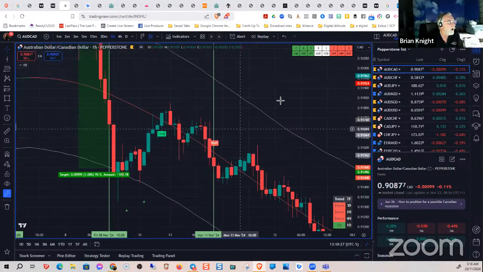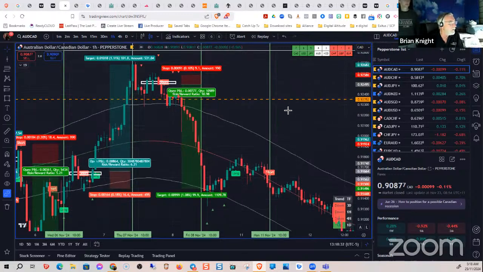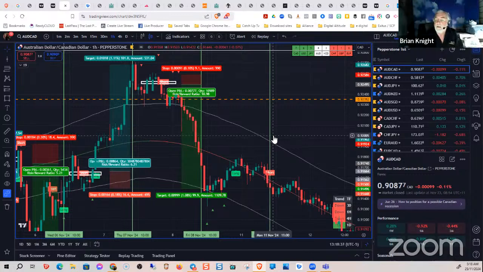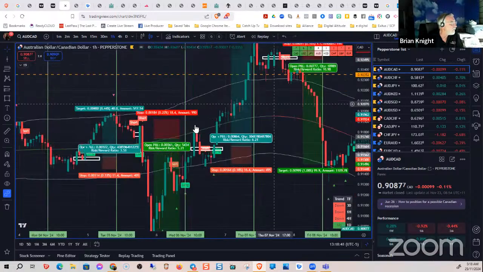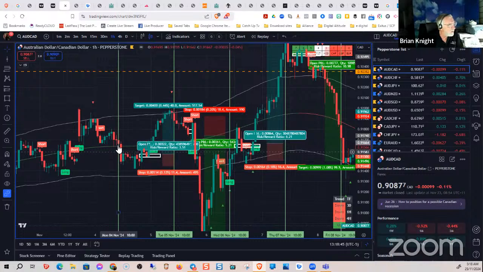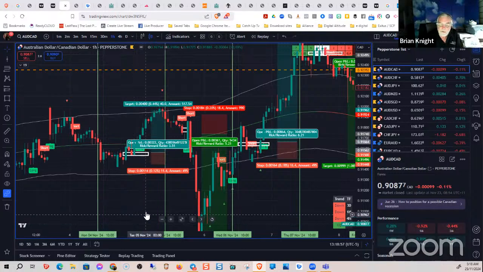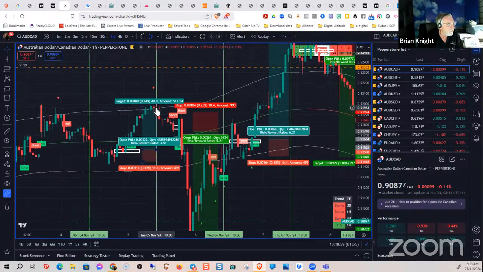Absolutely. So my confusion in this one over here was that, how I had seen it was once it's bearish, it pulls back and then it continues the bearish, where that goes bullish.